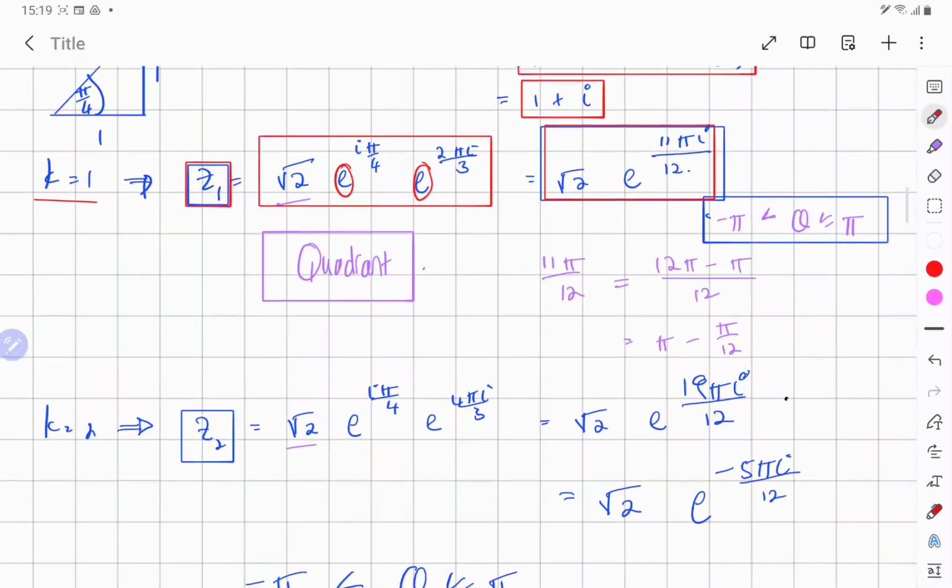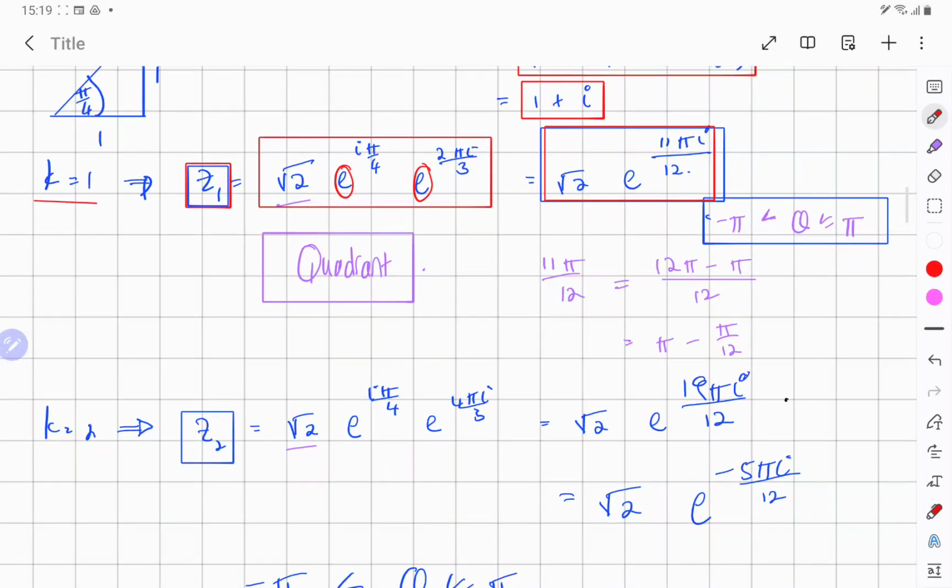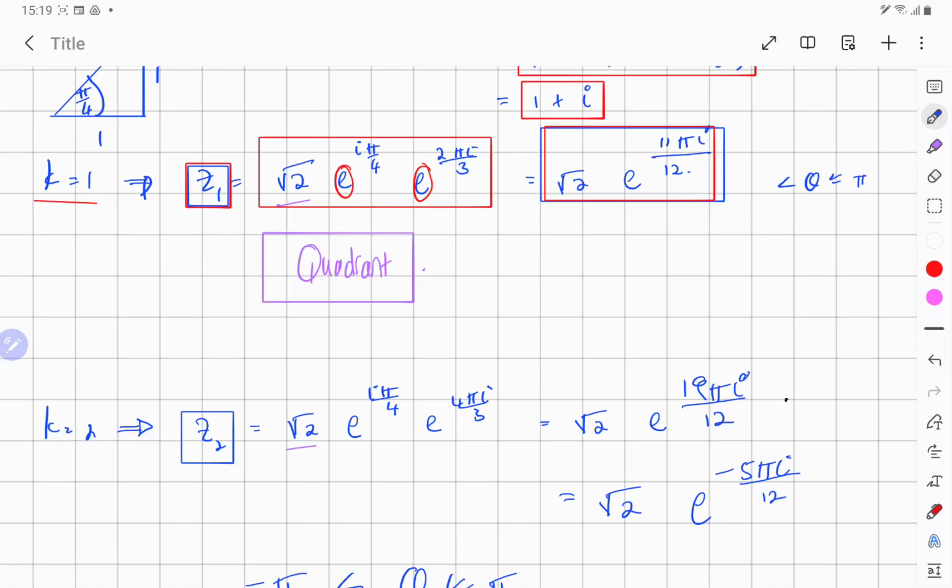Now, a very important fact, just remember that 11 pi over 12 is not a special angle, so I cannot simplify that. But something I want you to remember that is very important, your angle needs to be between pi and negative pi.